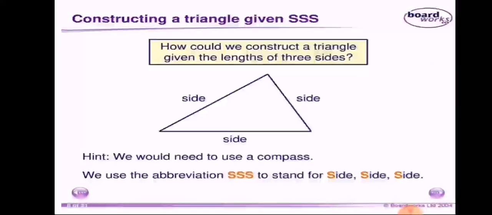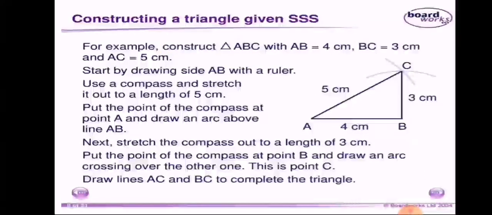Now how to construct the triangle when all the three sides have been given. Let us see an example. Construct a triangle ABC with AB equal to 4 cm, BC equal to 3 cm and AC equal to 5 cm. To draw this triangle, first of all, we will have to draw the base AB of 4 cm with the help of a ruler. Now use a compass and stretch it out to a length of 5 cm.